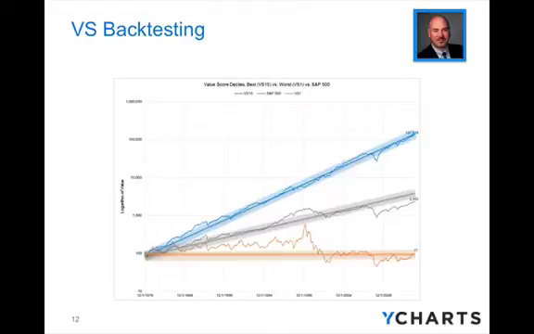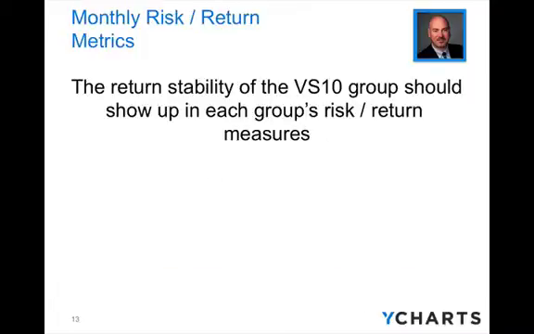So as I took a look at these charts, it looked very interesting, and the first thing that I wanted to take a look at was this concept of risk and volatility. The return stability of the VS10 group should show up in each of the group's risk and return measures, I thought.